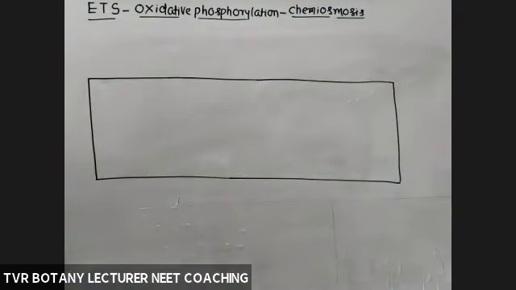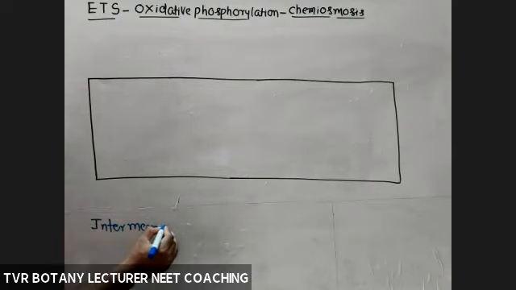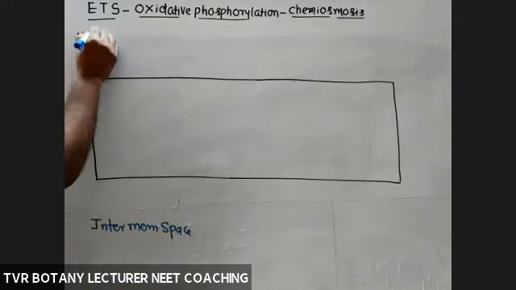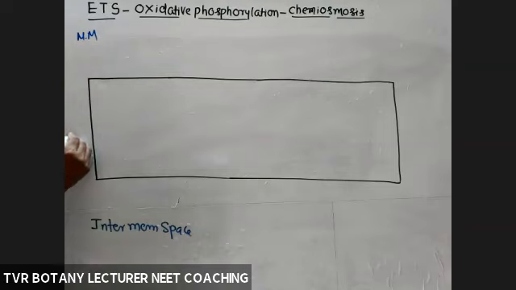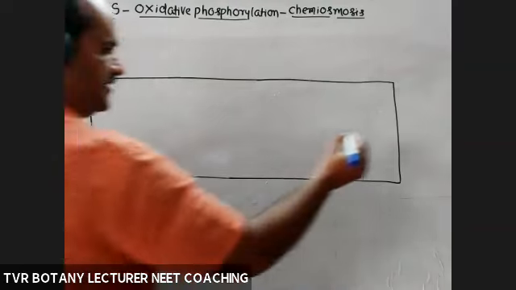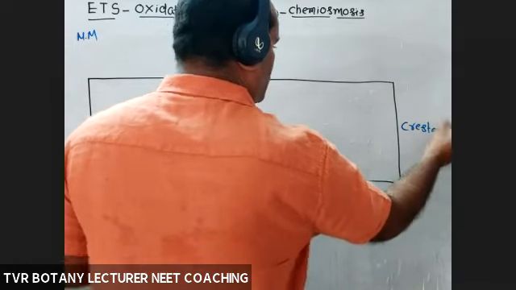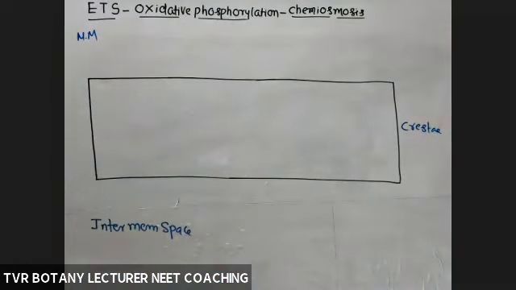Okay. So this is the intermembrane space. And this one is the mitochondrial matrix. And this one is the mitochondrial cristae. First component.